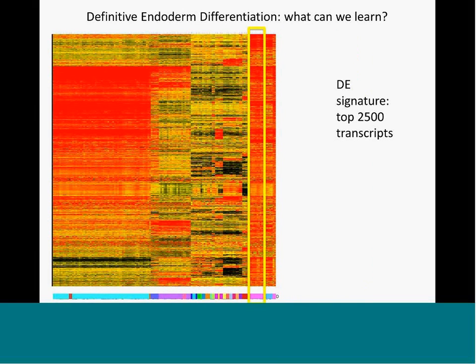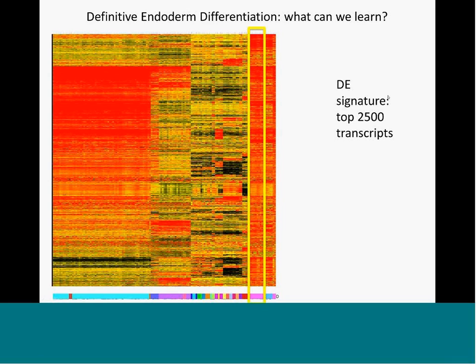Okay, so I'm going to just go through one quick little thing, and that I hope can link up to microRNAs if I'm really speedy. This is a definitive endoderm signature, and you can see, like I was pointing out, the definitive endoderm signature is a whole lot of the IPS signature over here on the far left, plus it's got some unique stuff on its own.